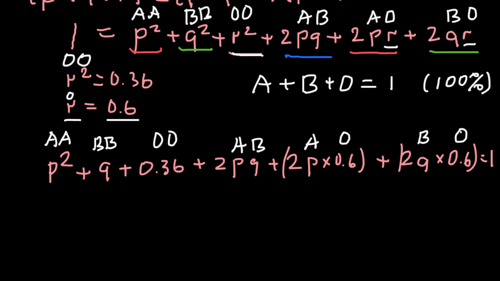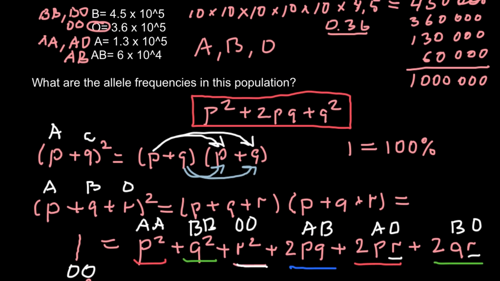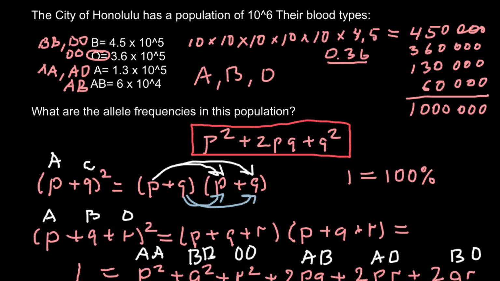Next step would be to find the frequency of the allele A. So we have to return to our problem, and we have to find how many people belong to blood group A. So as you see, people who belong to blood group A, so let me circle it, would be 130,000.